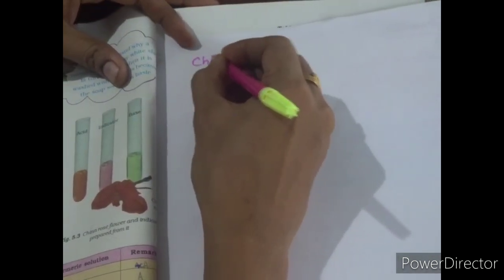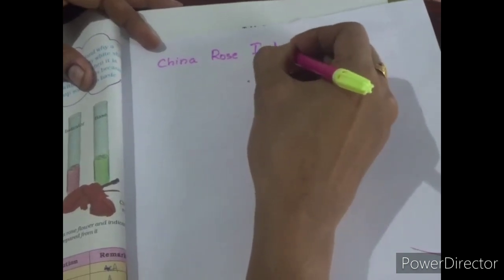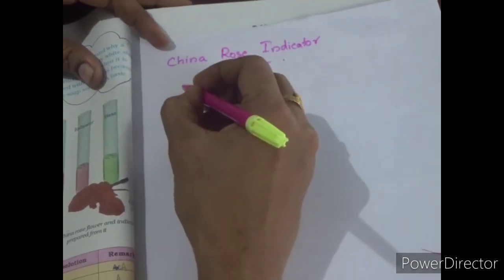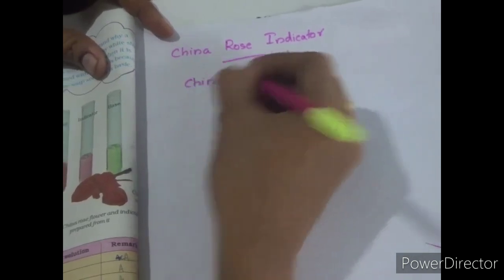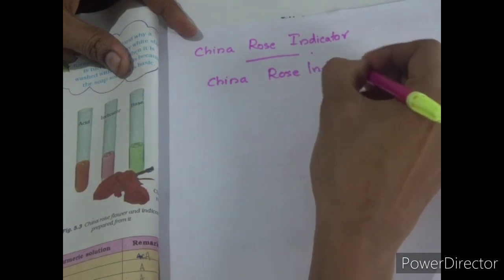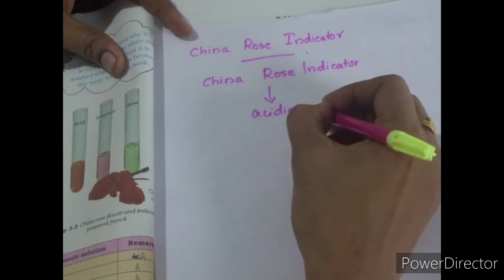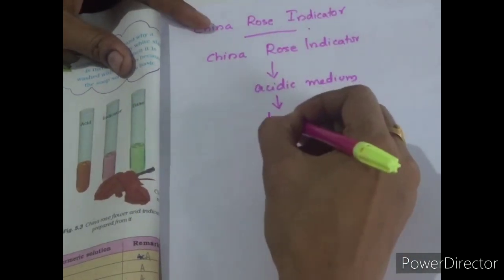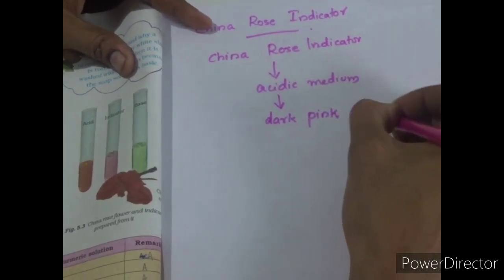Then, in acidic medium, the color of China rose indicator turns to dark pink or magenta color.